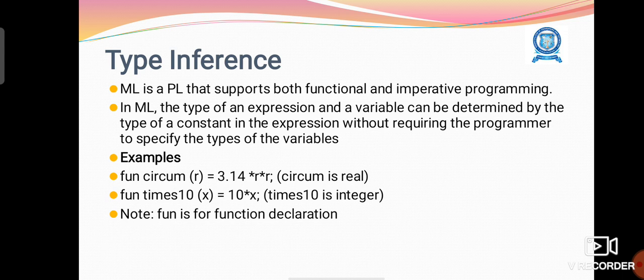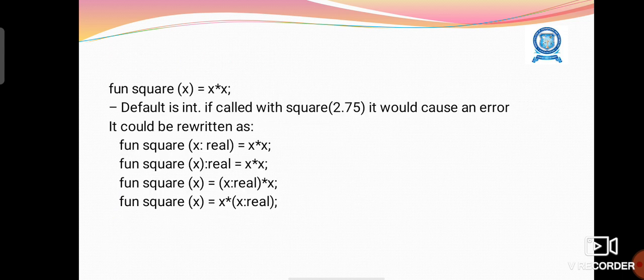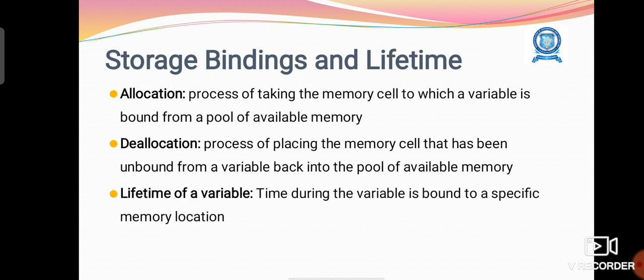Fun times10 x equal to 10 star x: times10 is an integer variable. Fun is for function declaration. Fun square of x equal to x star x. If called with square of 2.75, it would cause an error. It could be rewritten for real and for the other variable types.